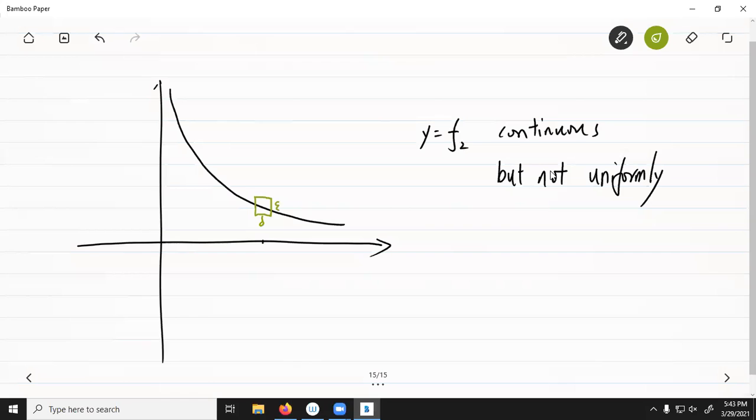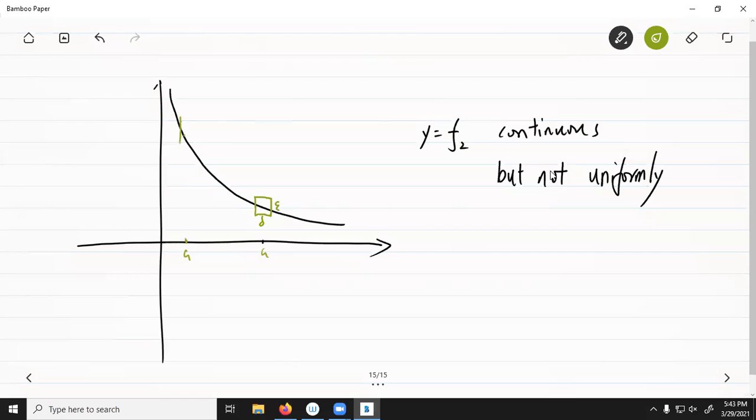If A is here, you need to draw a box to make this curve enter from one side and leave from the other side. So you cannot use the same box.